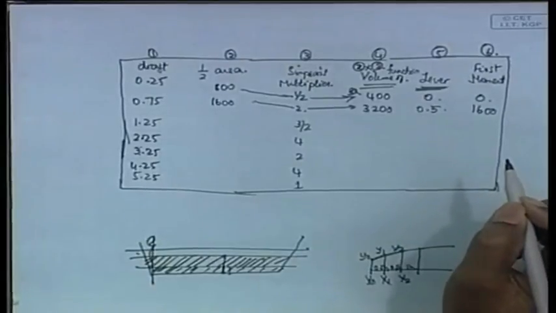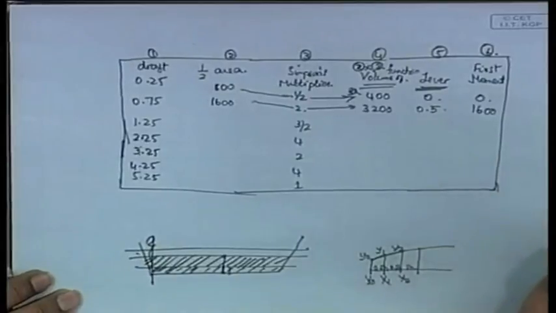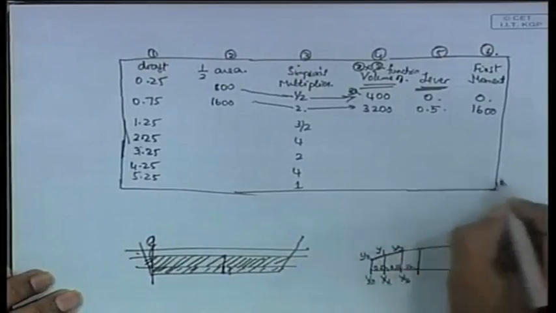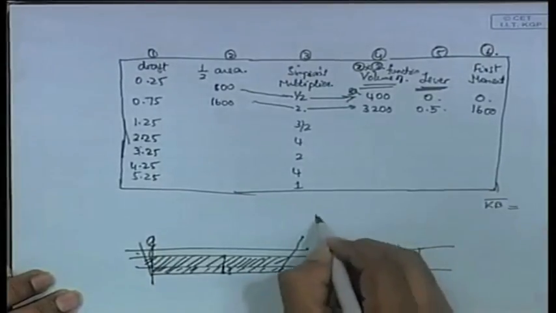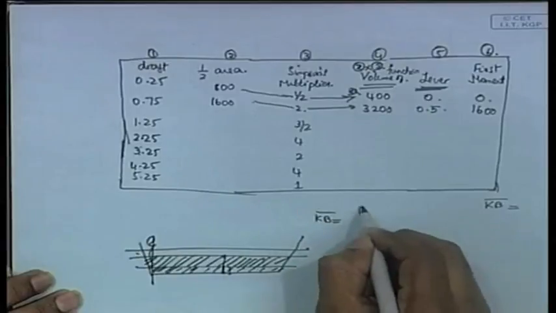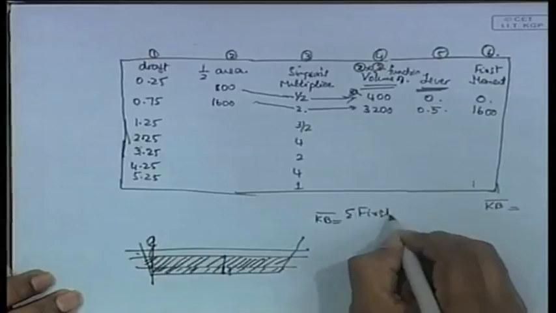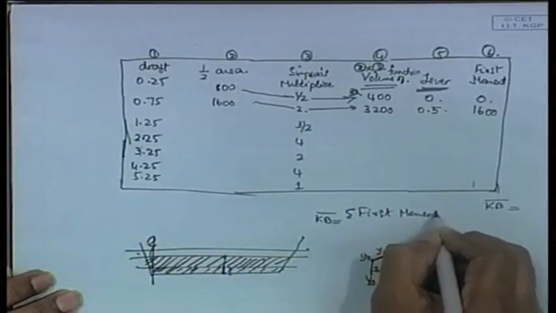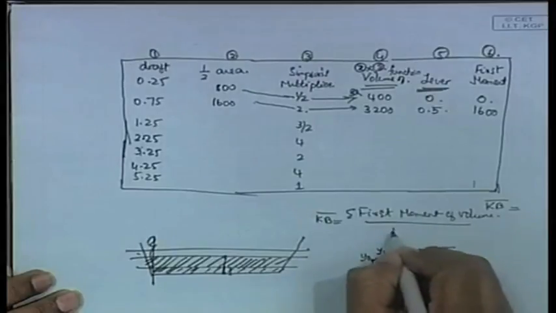Now, what is the point of finding this first moment of volume? Think of that and tell me what it is we are trying to find. Kb, that's what. The idea of this first moment is to find Kb, which is equal to the total first moment of volume divided by the total volume.